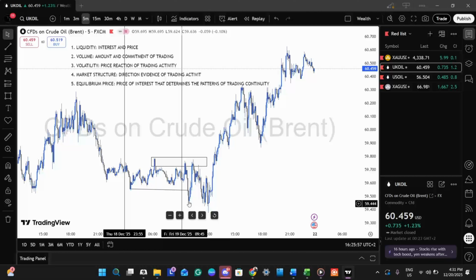And as price returned back to that price block, we can see a continuation of the selling activity with a further sweep of the buying price here. So it means the buyers who were here and the buyers who may be there will be swept by the selling activity that is happening here.